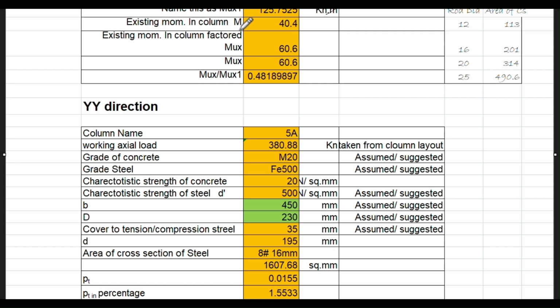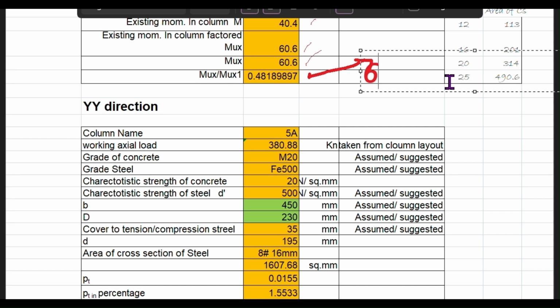Then the existing moment in the column, M, is 40.4, factored moment Mux. This is also the same Mux. Mu by Mux1, we have already arrived at 125. This one is the existing moment. 60.6 divided by 125 point something. That value we have put here.